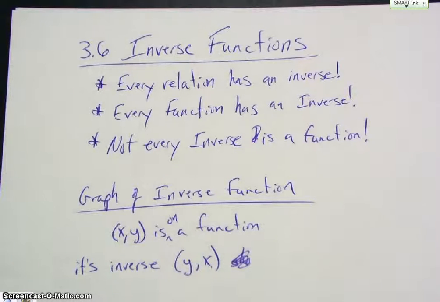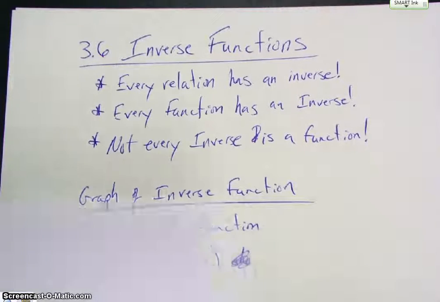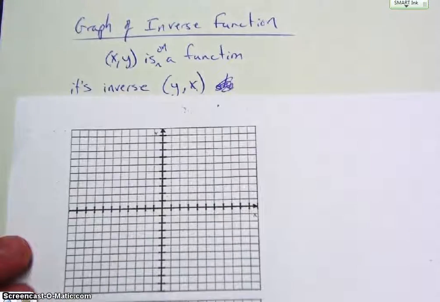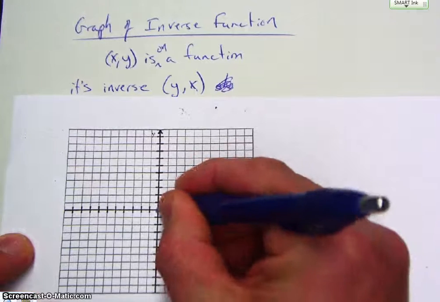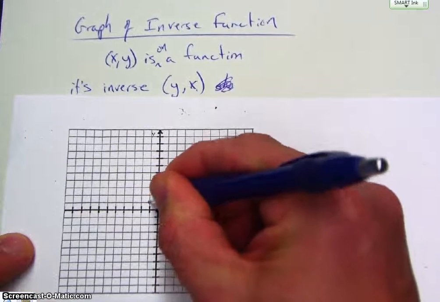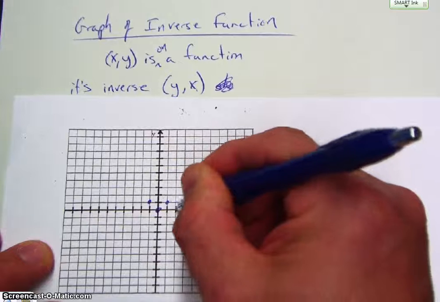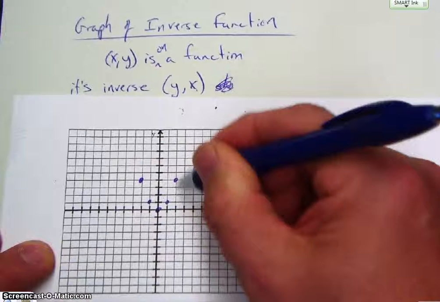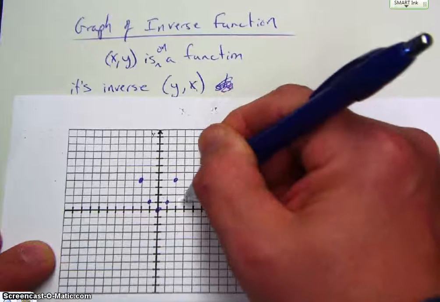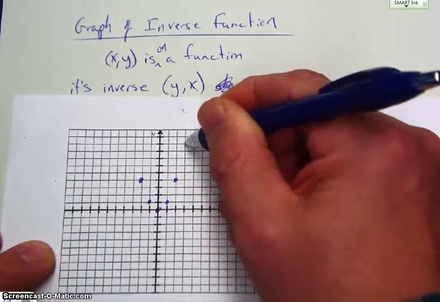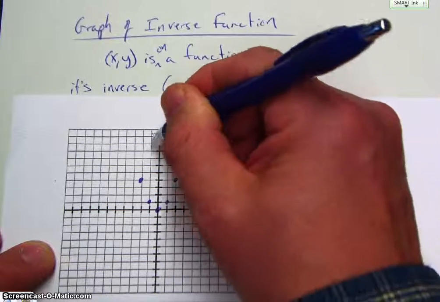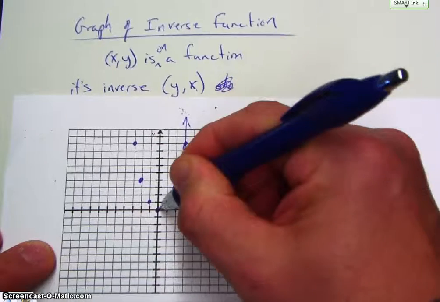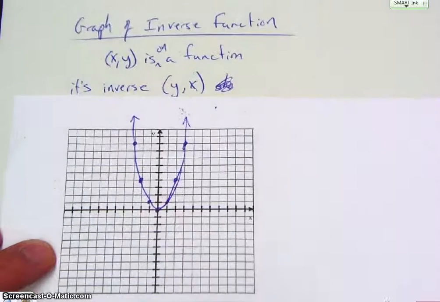First of all, let's look at a graph of a function. Okay, we got 0, 0, we got 1, 1, negative 1, 1, 2, 4, negative 2, 4, and 3, 9. All right, so here, what's in blue is a function.